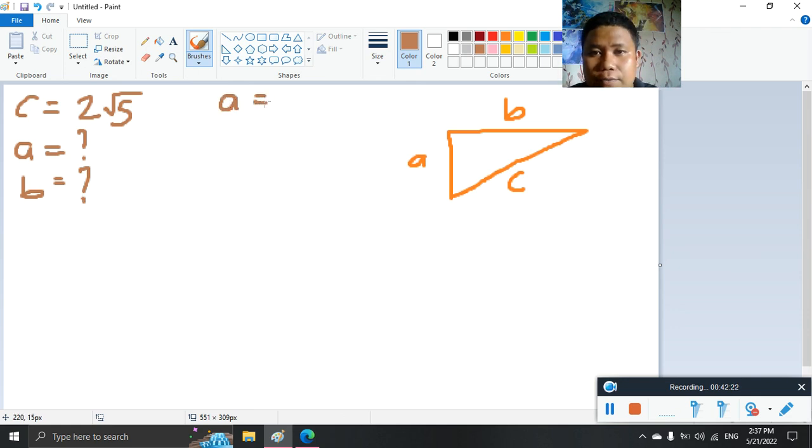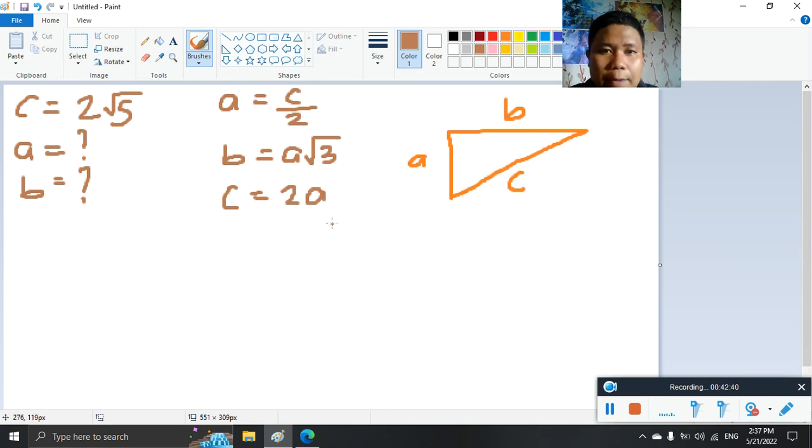A is equal to C over 2, B is A times the square root of 3, then C equals 2A, or 2 times A. Let's find out A and B. A is the first to find.